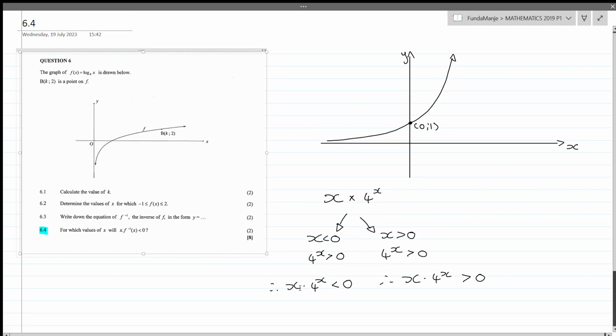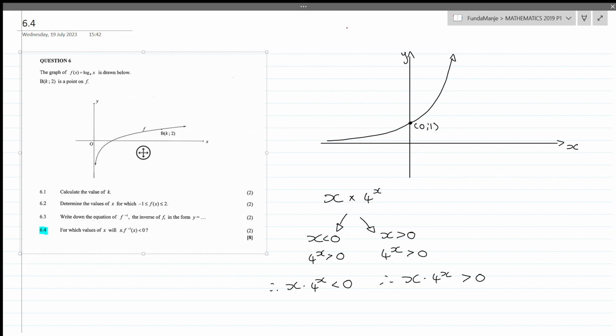The other way to think about it is to envision a line y equals x over here. We can see that if we multiply the y values of these two functions at any given x value that is greater than 0, meaning on this right hand side, if we multiply whatever number is here along with whatever number is there, we're going to get two positive numbers which will give us a positive number.